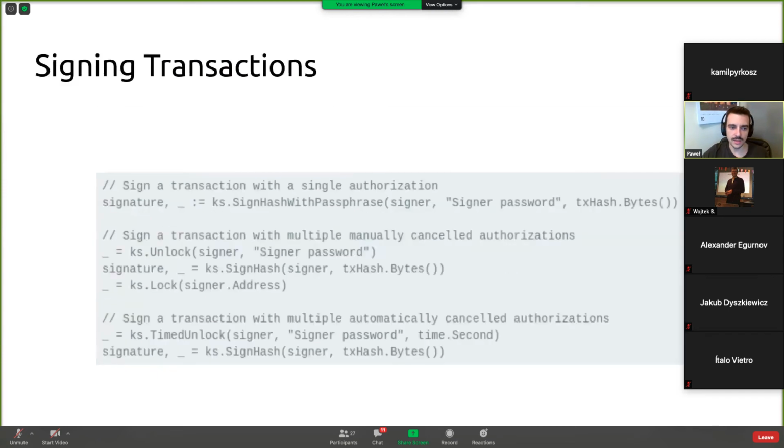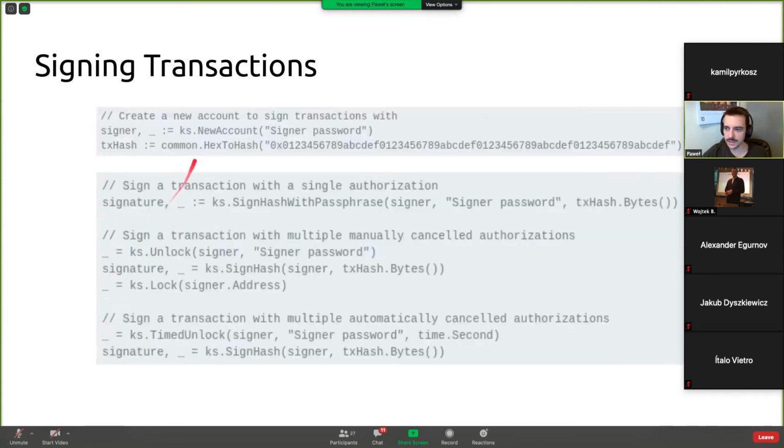Then, if we have a transaction that we want to send over the network, we can easily sign it with our keys and our passwords, and it is very useful if you want to know what actually is going on in the blockchain.